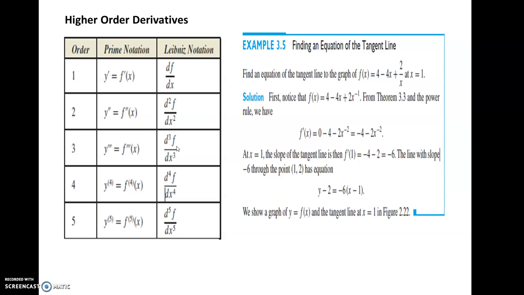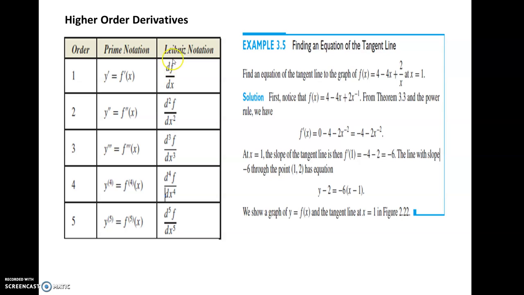Then we have a very important topic known as higher order derivatives. In all the earlier examples and in the basic formulas, we found the first derivative, or the derivative of first order. How do you denote it? y prime or f prime.